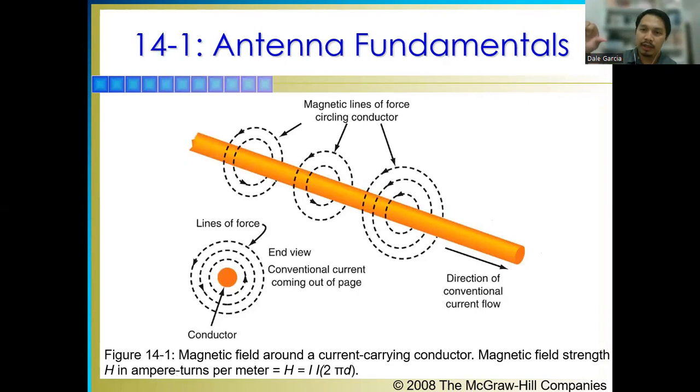The current is going downwards. With my right hand, my fingers curling around the wire point downward, so that gives the direction of our magnetic field. So, magnetic field lines of force circle the conductor.